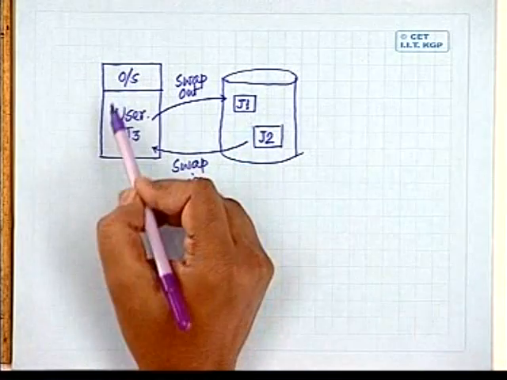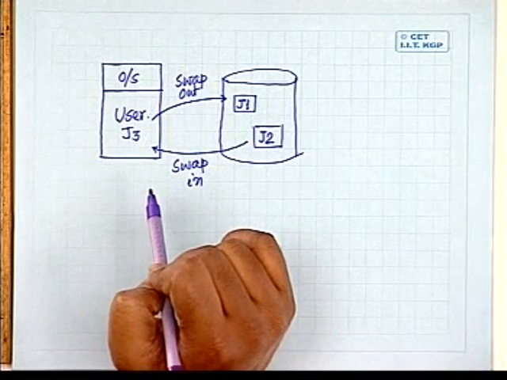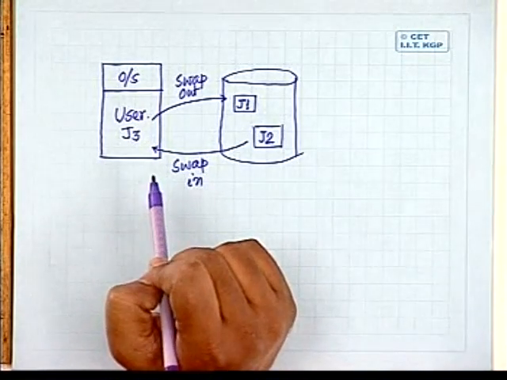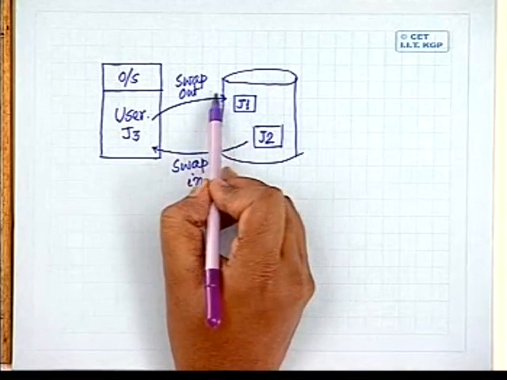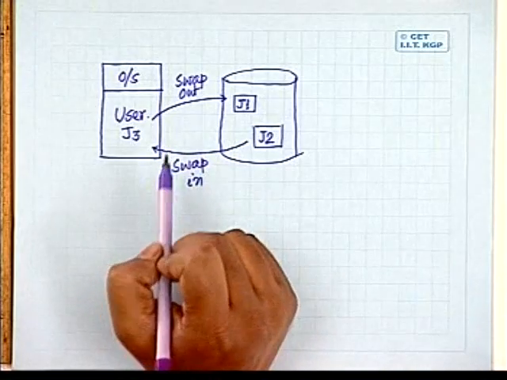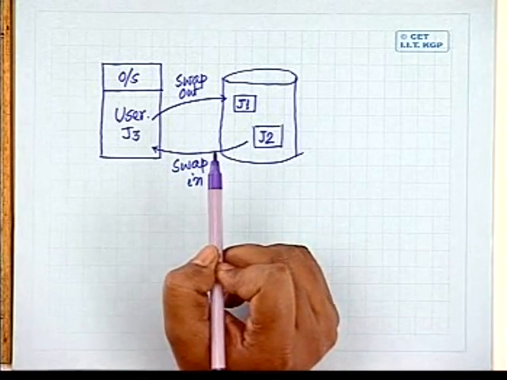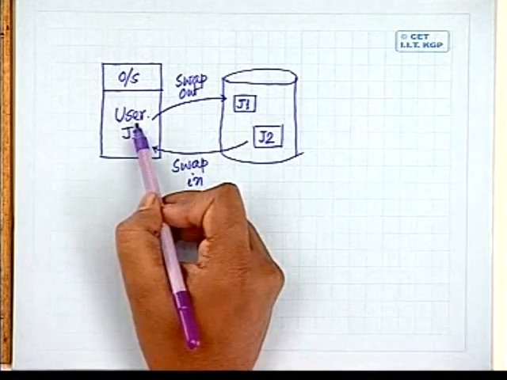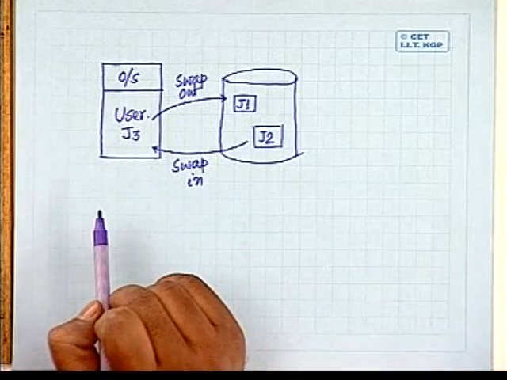So with this model of a multi-programming system, even though we go for multi-programming to increase CPU utilization, because of these IO operations the CPU efficiency will not be as high as we expect. Until the swap out and swap in operation is complete, the CPU cannot start the next job. So the CPU utilization will still remain poor.